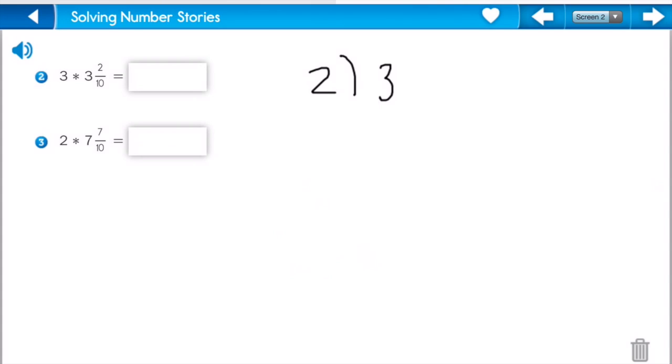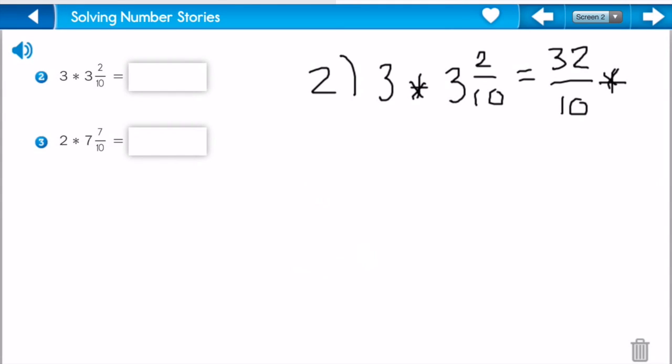So I'm going to take 3 times 3 and 2/10, and I'm going to change 3 and 2/10 into an improper fraction. So I'm going to change 3 and 2/10 into what? Yeah, it would be 32 over 10.